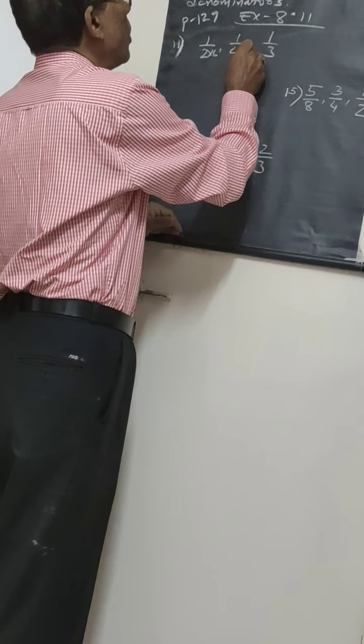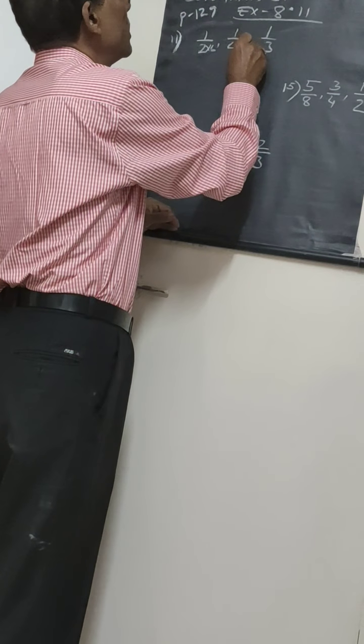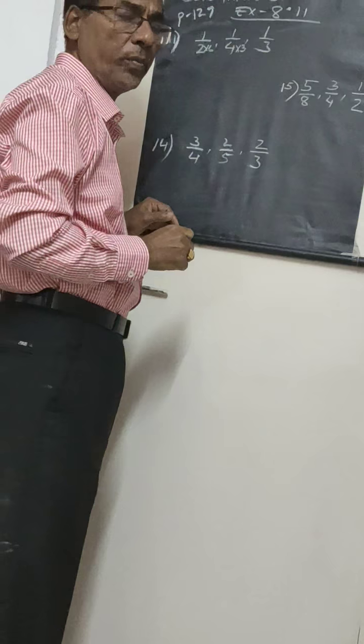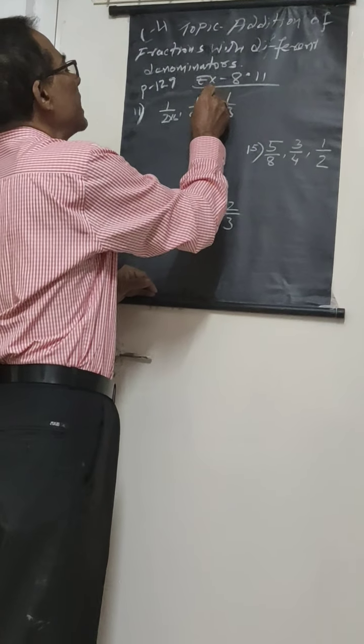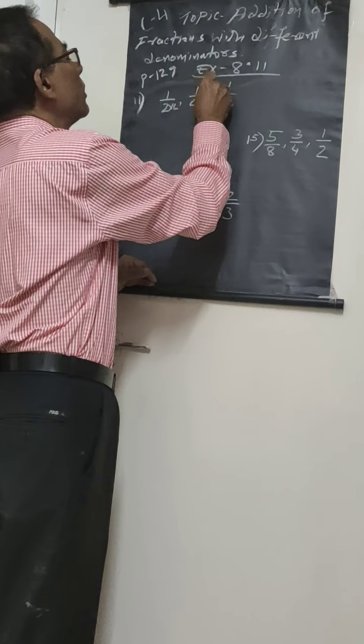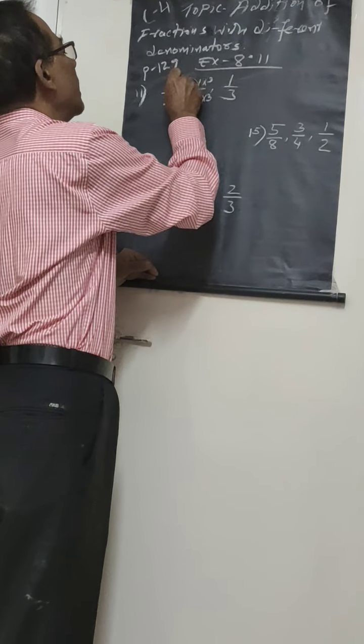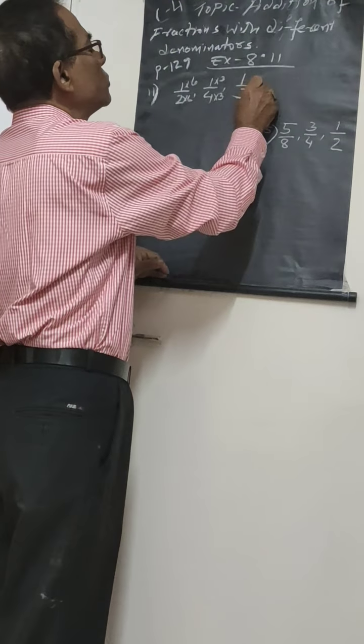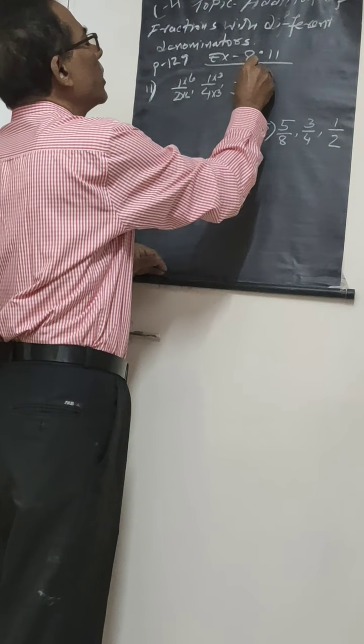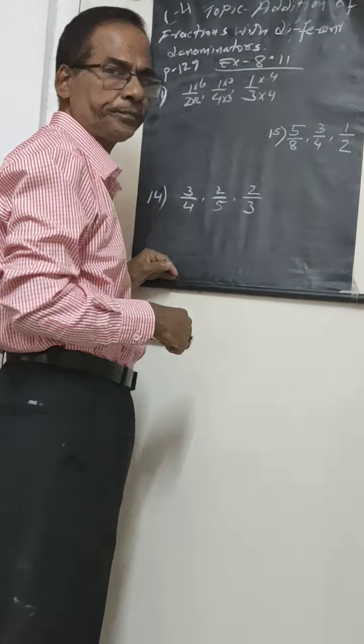We can convert the 4 also as 12. So 4 into how many times is 12? 3, because we have to make all the denominators the same. So here also 3, here 6. Now 3 we can convert as 12. 3 into how many times is 12? 4. Here also 4.